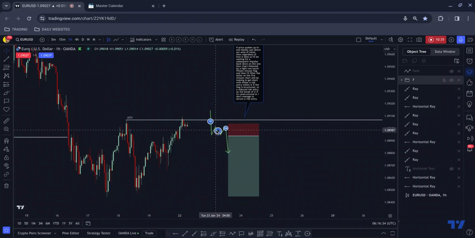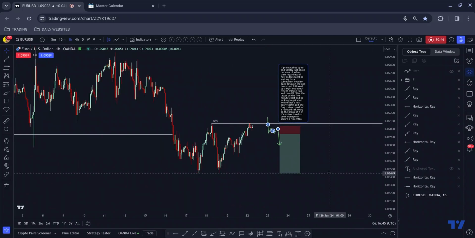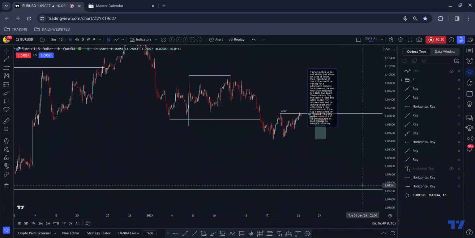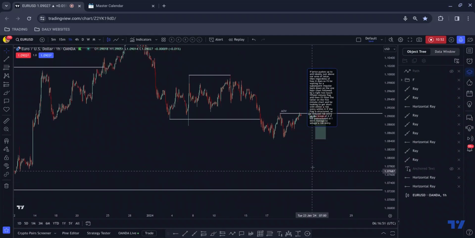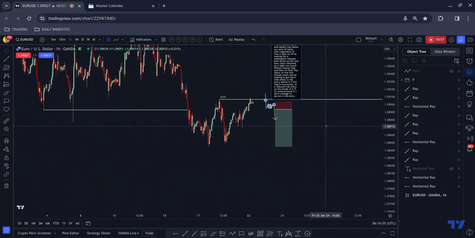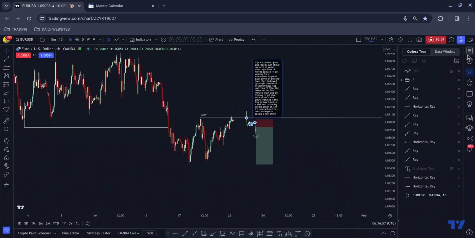If I don't manage to get the risk entry within the flag, if it's just consolidation where I can't see structure, then I would look to get short on the break of the flag, and I'll be able to manage it down to these lows for something in the region of 5%. And of course, if we kept going for that higher time frame target down to here, then there's about 15% on the table. Okay, so that is euro dollar, and that is what I'll be looking for from that pair.